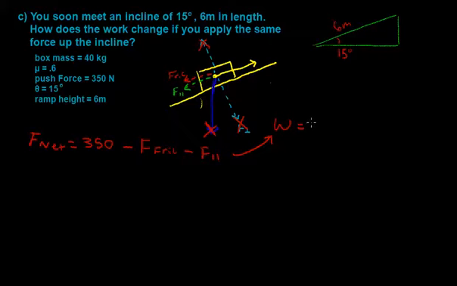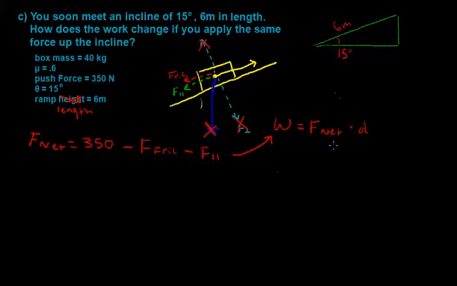Our work is equal to the net force times our distance, and our distance is just the ramp length of 6 meters. We actually have the word height here, but that's not right. It's the ramp length is 6 meters. So we don't have to worry about doing the triangle stuff.